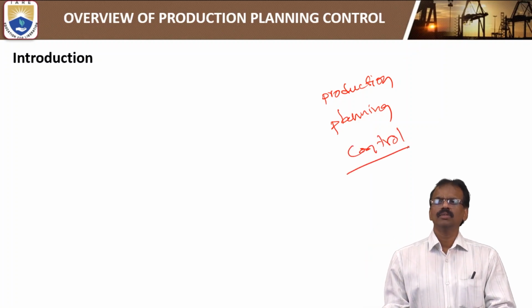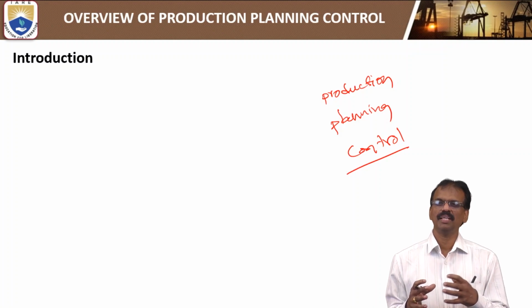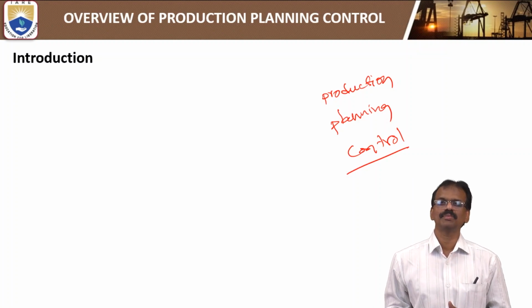So we'll see the importance of these three words individually first, then we combine the meaning of the three words, production, planning, and control. Then you can understand what is the importance of this subject, what are the objectives of this subject.